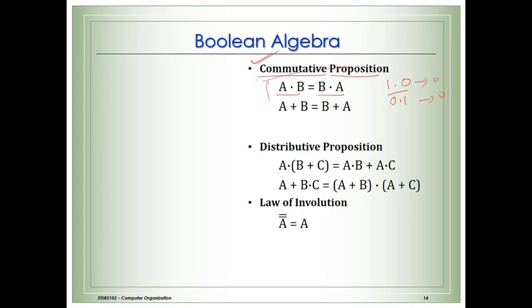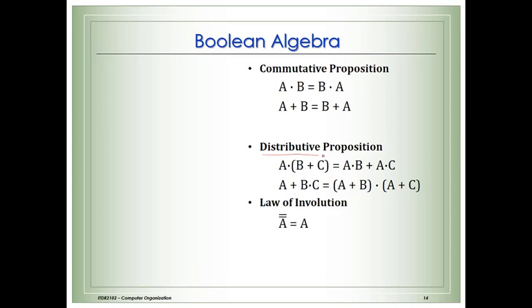So you can write either A and B or B and A. Similarly, A or B is equivalent to B or A. For example, A was 1, B was 0. It can be written as 0 plus 1, right? So it will give you the result 1 in each case, right? So A or B can be written as B or A.